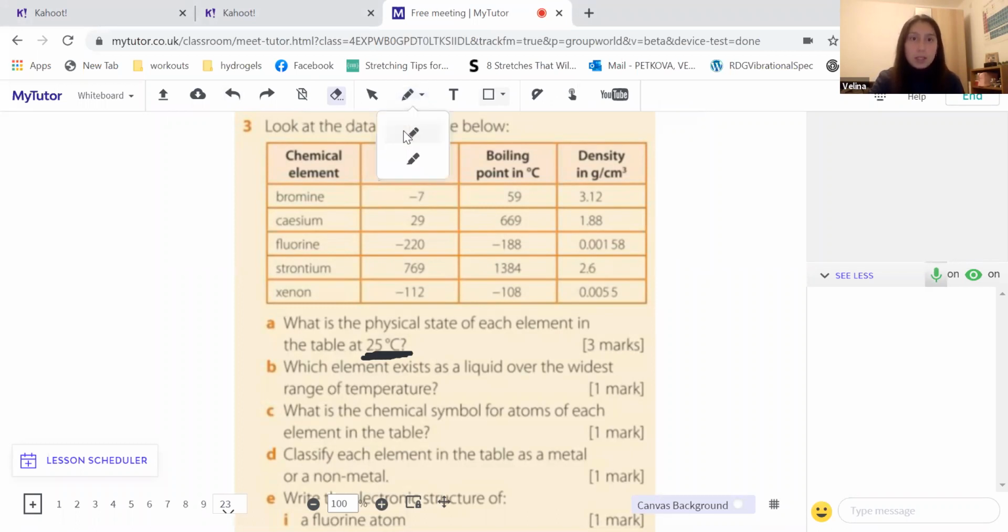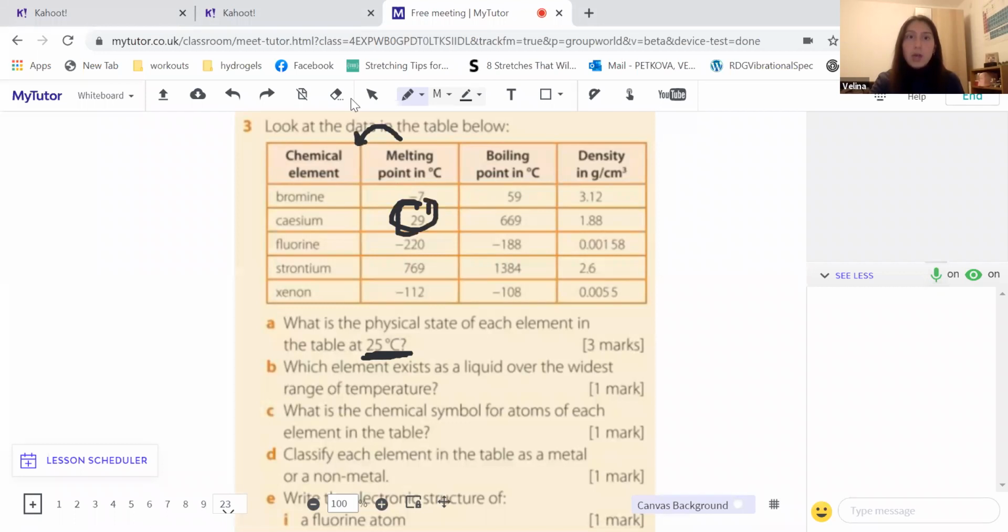So what about cesium? What is cesium going to be at room temperature? Solid, exactly. So 25 degrees is below the melting point temperature, so therefore it is a solid because it's not melted yet. So what about fluorine? Yeah, brilliant, gas.